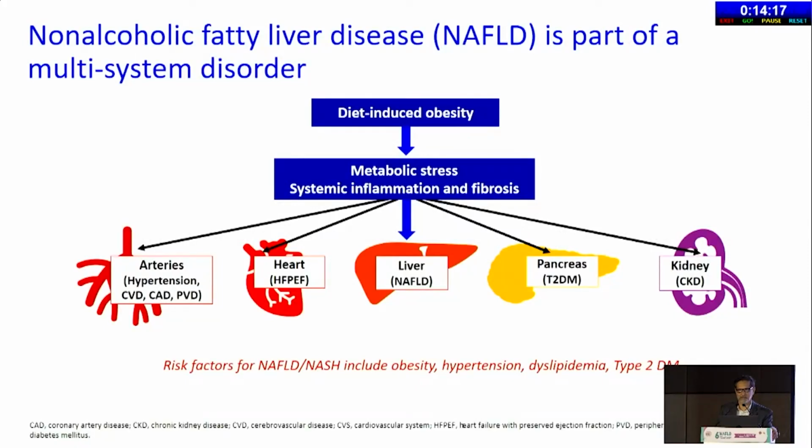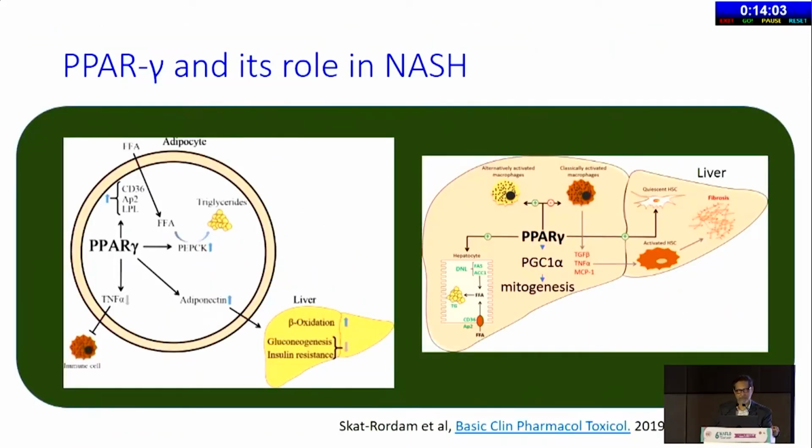So we'll start with something that you're all familiar with, which is that there are many comorbidities, and they are all linked to metabolic stress, which historically we have measured by insulin resistance as a surrogate marker. In this setting, PPAR gamma acts both in adipose tissue and in the liver itself.